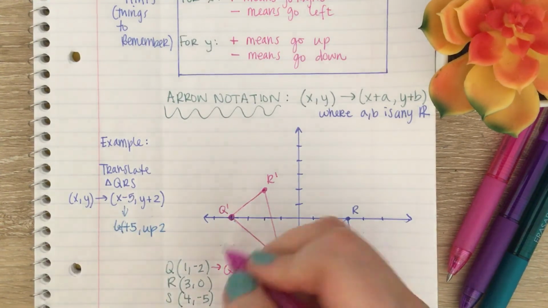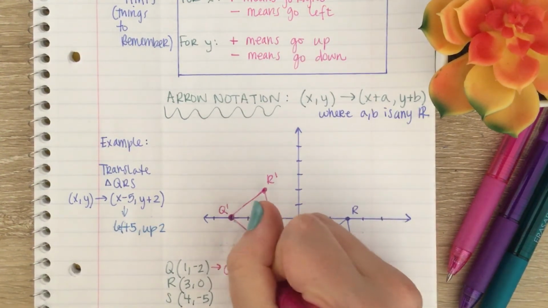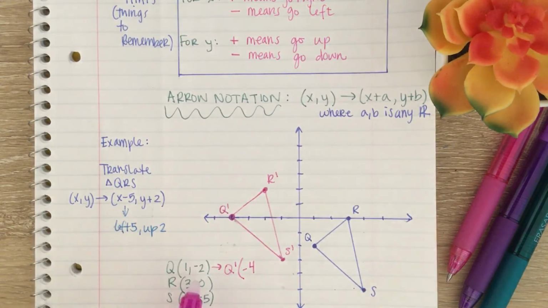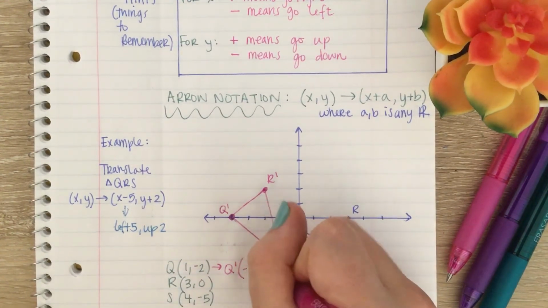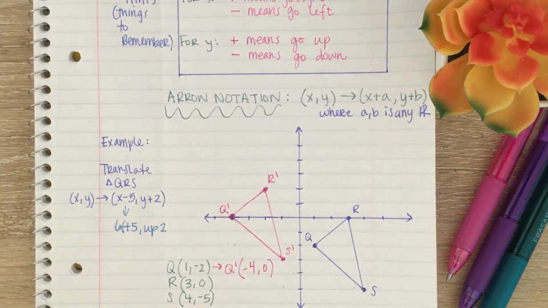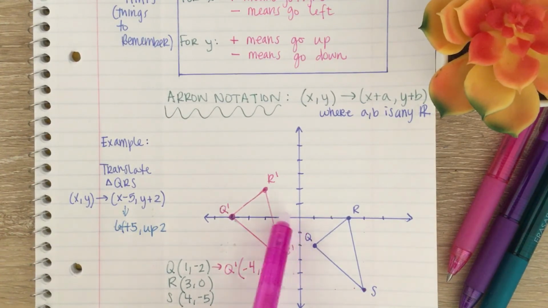What's 1 minus 5? Negative 4. And then for the y, it's y plus 2. What's negative 2 plus 2? That's 0. Let's double check. Is Q prime really at negative 4 comma 0? 1, 2, 3, 4, 0. Yes, it is. So it works that way as well.